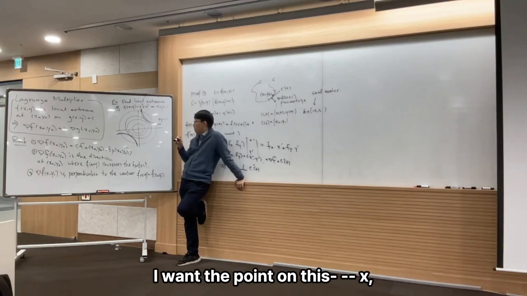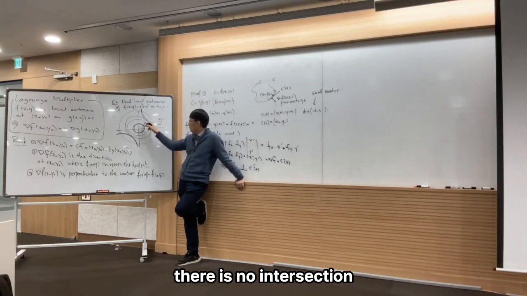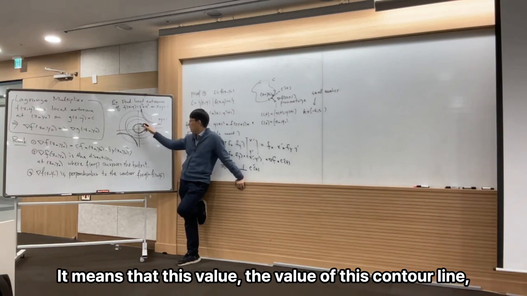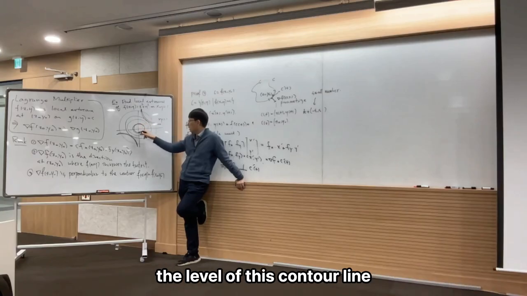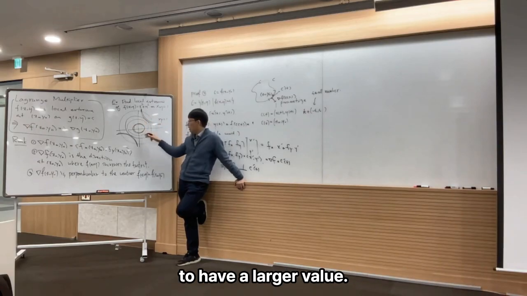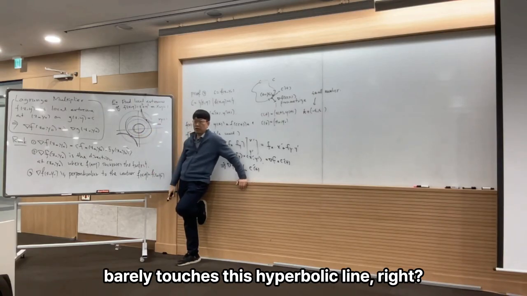Now, I want the point on this xy equals 1 that has a value of f. So when the value of f is small, there's no intersection between the circle and the hyperbolic line, right? It means that the level of this contour line is not attained at any point on this hyperbolic line. So you need to have a larger value. So we keep getting larger until we get to where the circle barely touches the hyperbolic line, right?